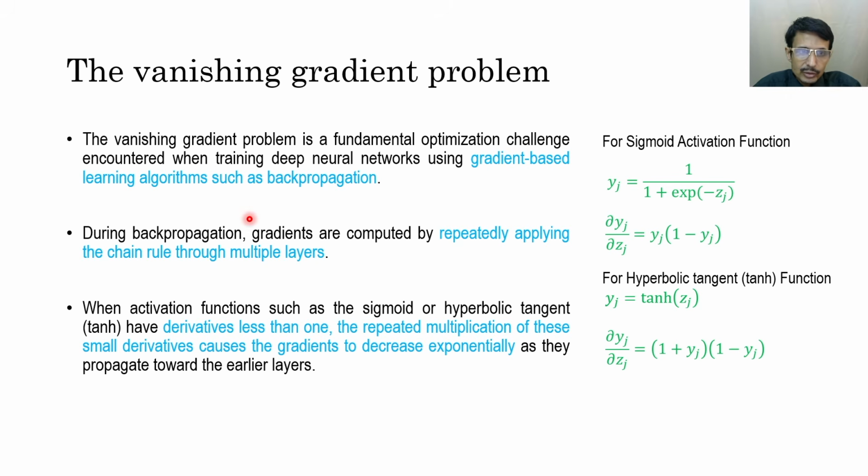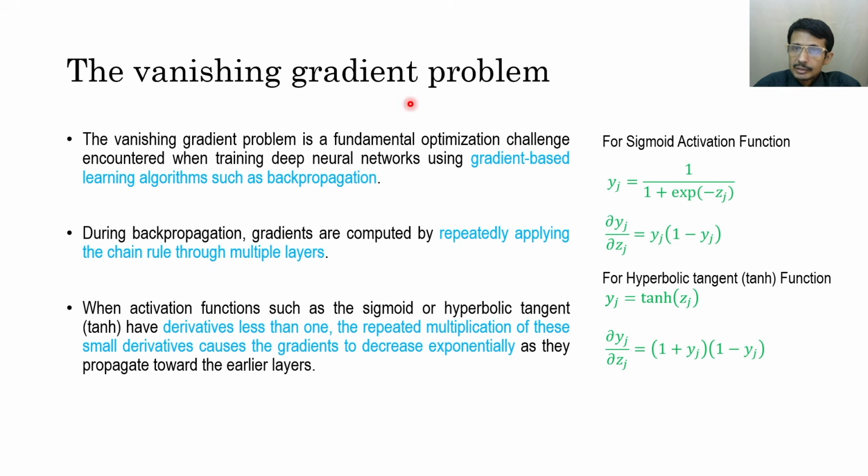In the backward direction, from the output layer to the input layer, the successive hidden layers are provided the gradient of error using the chain rule. What is the chain rule basically doing? It is multiplying these error gradients.